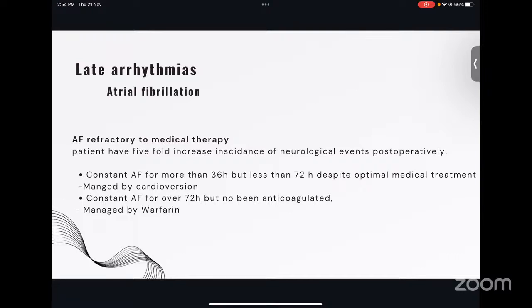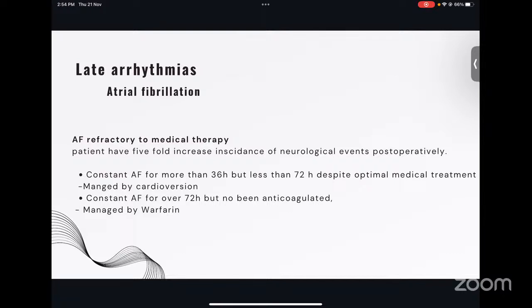Atrial fibrillation refractory to medical therapy: patients have a 5-fold increase in the incidence of neurological events post-operatively. 15% of patients in atrial fibrillation have been shown by transesophageal echo to develop mural thrombi within 48 hours. Long-term re-warfarinization is associated with the incidence of intracranial hemorrhage.